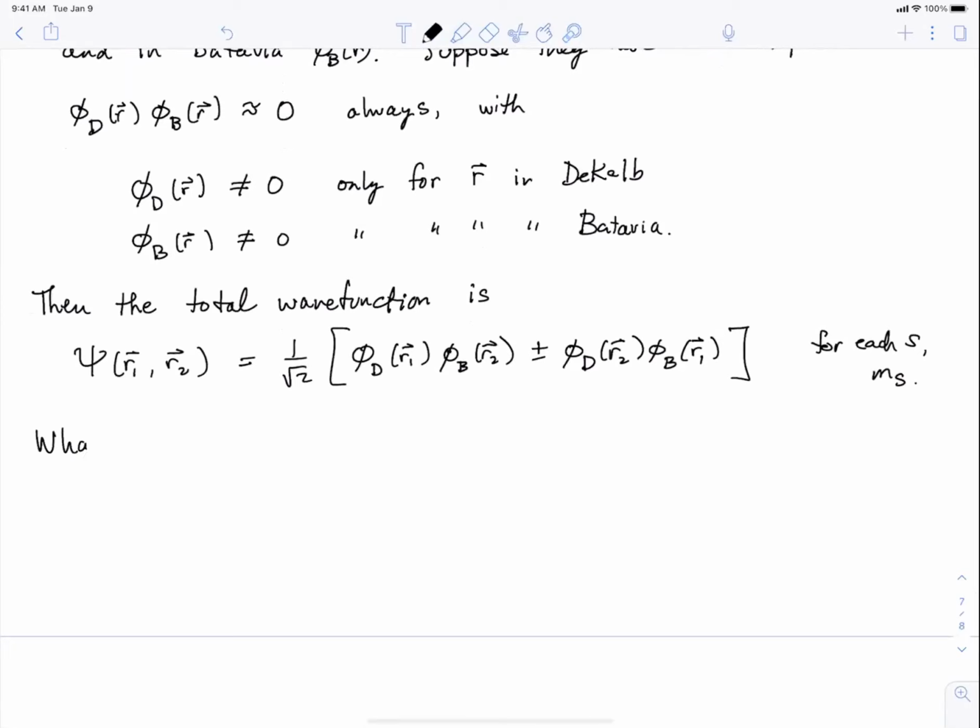So I say, what is the probability of seeing an electron?